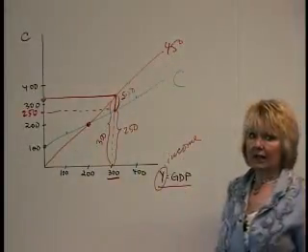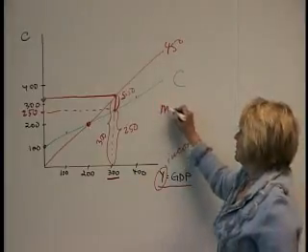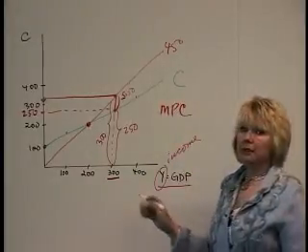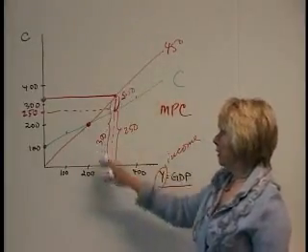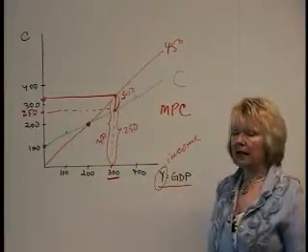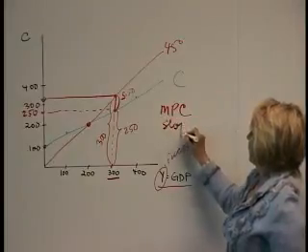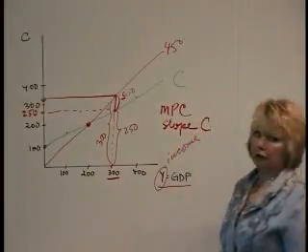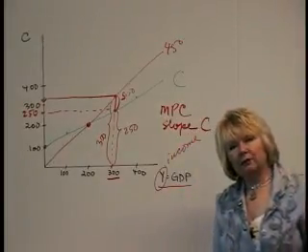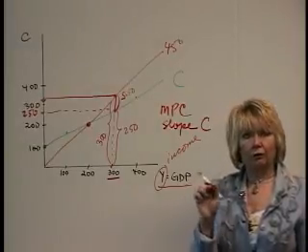So here we see again that your marginal propensity to consume can be calculated from this model as the slope of the consumption function. How do you calculate the slope? It's the rise over run.